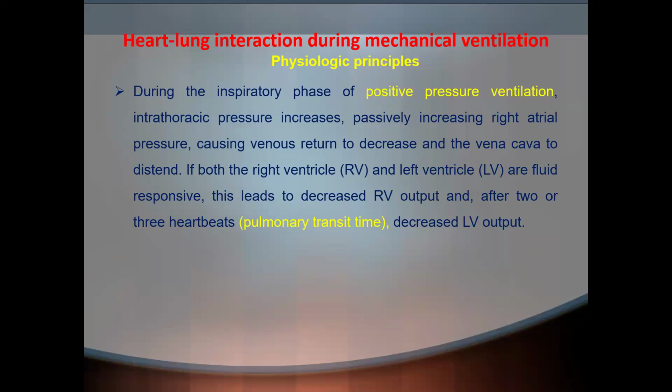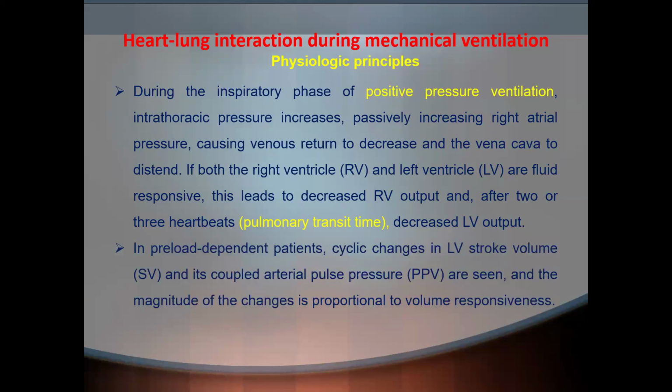If both the right ventricle and the left ventricle are fluid responsive, this leads to decreased RV output, and after two, three heartbeats, which is the time needed for the blood to transit from the right ventricle to the left ventricle through the lung, named the pulmonary transit time, in preload-dependent patients, changes in LV stroke volume and its coupled arterial blood pressure, pulse pressure variation and stroke volume variation are seen, and the magnitude of the change is proportional to fluid response.